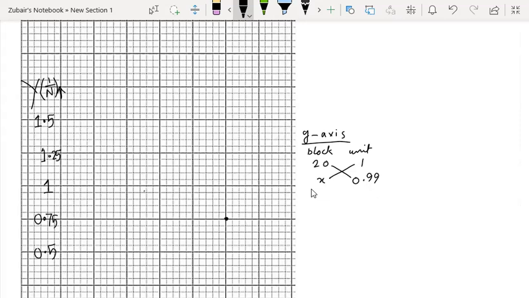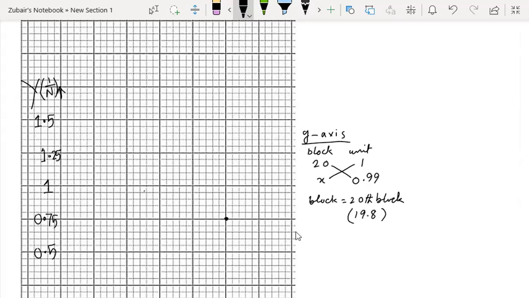So the required block will be equal to the 20th block, because I got the value as 19.8.